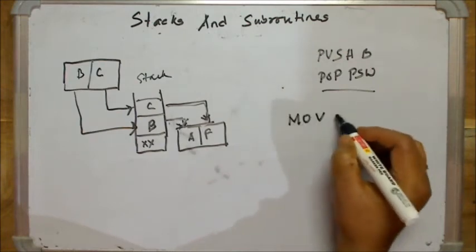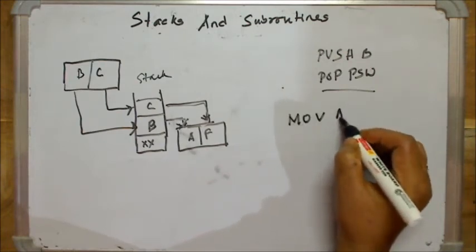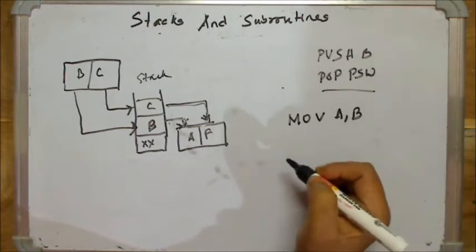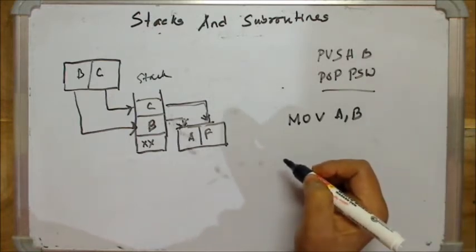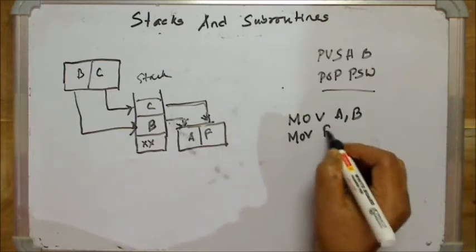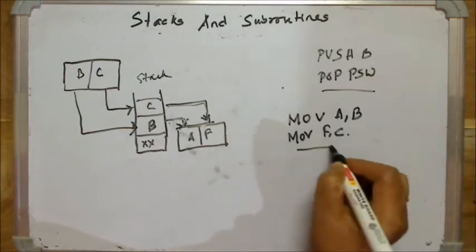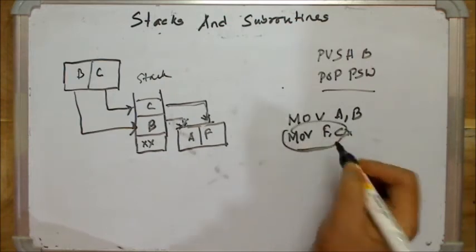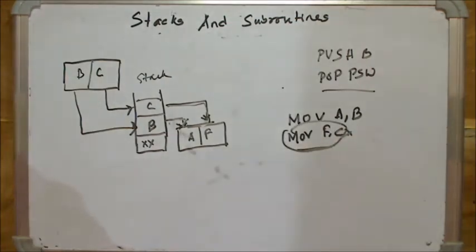You can also write move A comma B. But F will get the value of C. Can you write move F comma C? No, it is not possible. There is no other way in 8085 by which we could have done this.